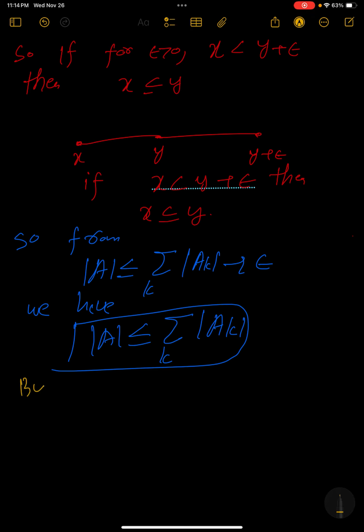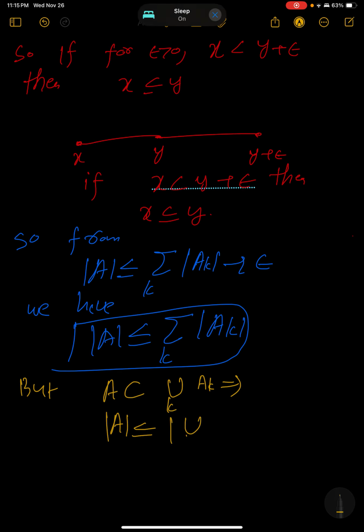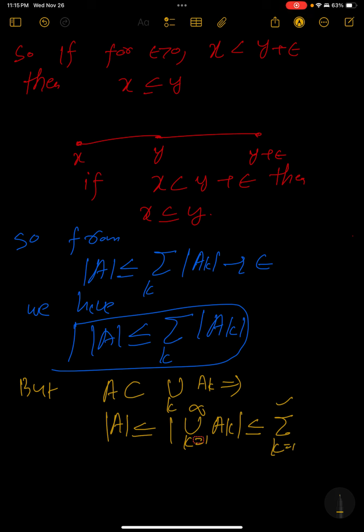Now A was contained in the union of Ak. So by the monotonicity we already proved, the outer measure of A is less than the outer measure of the union of Ak, and then this is less than the sum over k equal to 1 up to infinity of the outer measure of Ak, as we already proved.